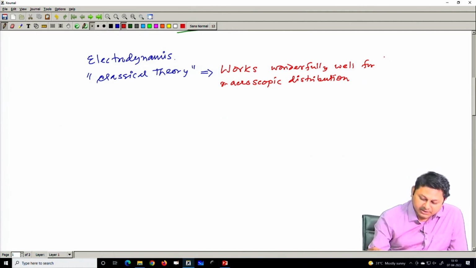Where we are not dealing with microscopic elements, in this regime the classical theory works nicely. But it becomes very difficult to work in this classical domain when the scale is microscopic.